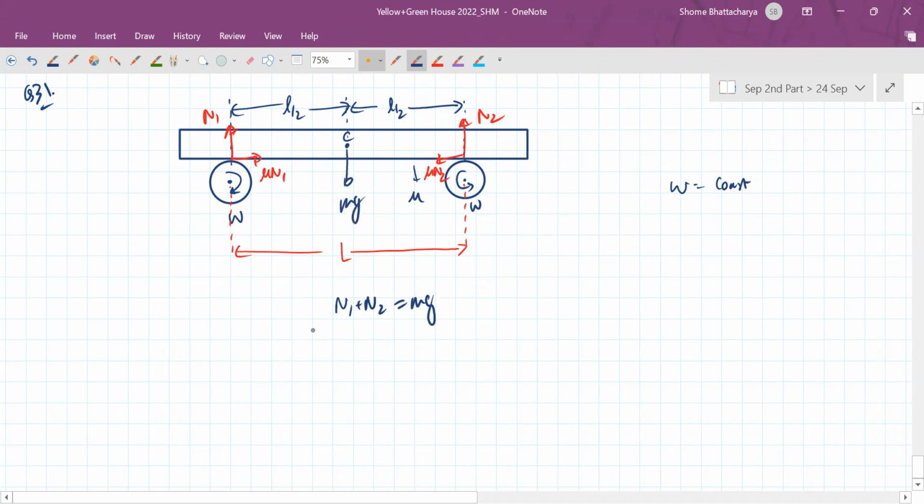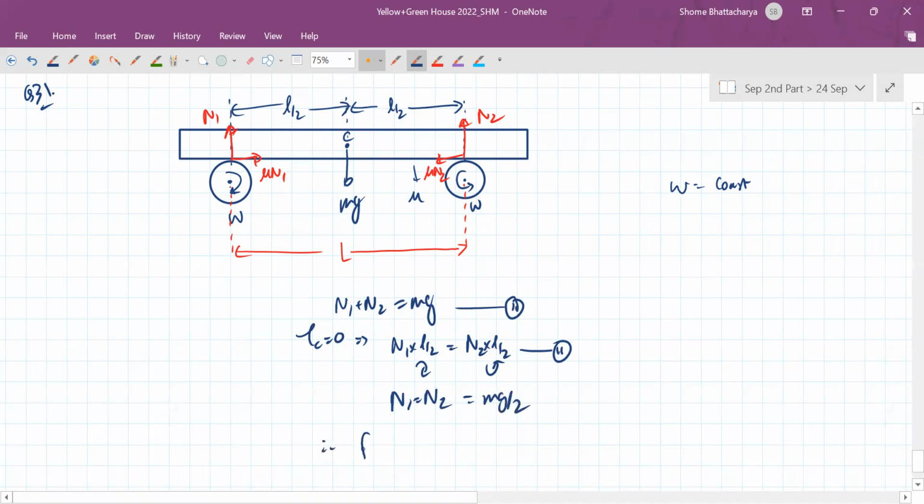And when we take net torque about the center as 0, N1 into L by 2 is balancing N2 into L by 2. So the torque balancing equation shows you that N1 is equal to N2, which is equal to mg by 2.